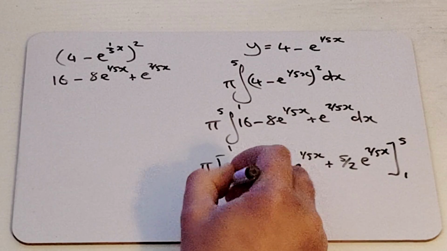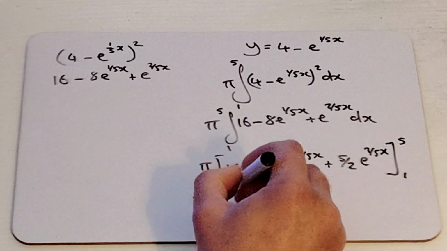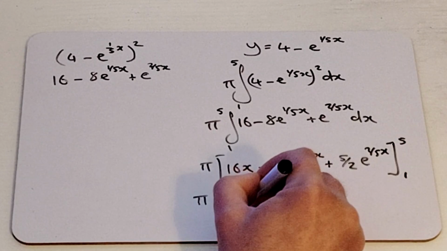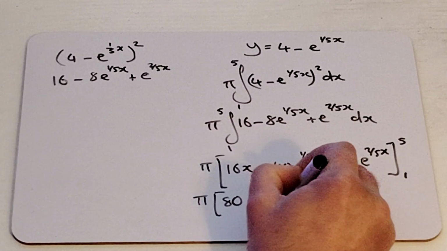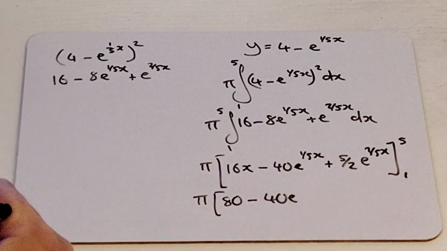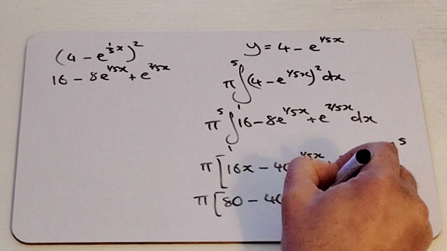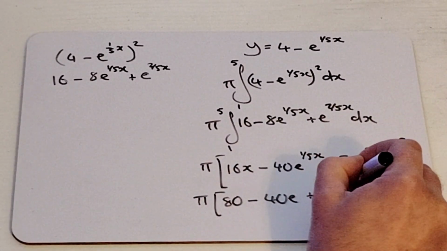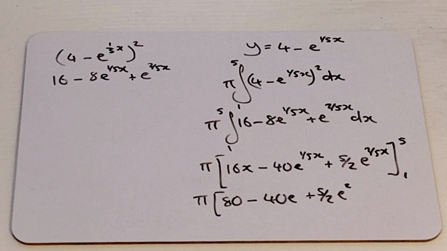So it becomes pi times 5 times 16, which is 80, minus, now I put 5 into my exponential here, so it becomes 40e to the 1, or just 40e. Then I put 5 into here, so that's plus 5 over 2 e squared. Then I subtract everything with 1 substituted in.